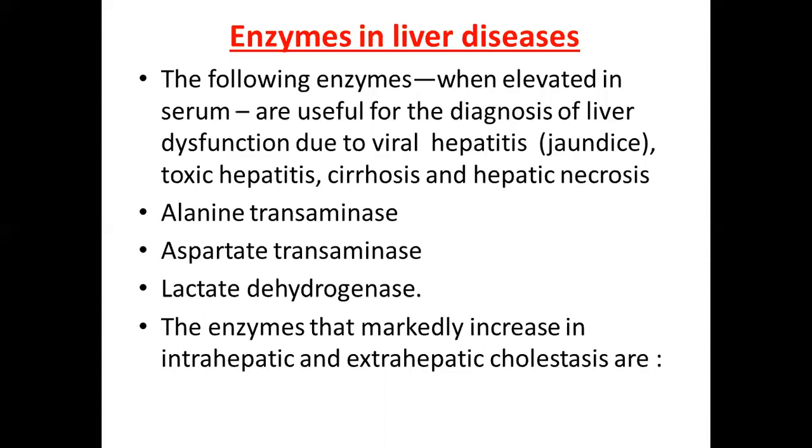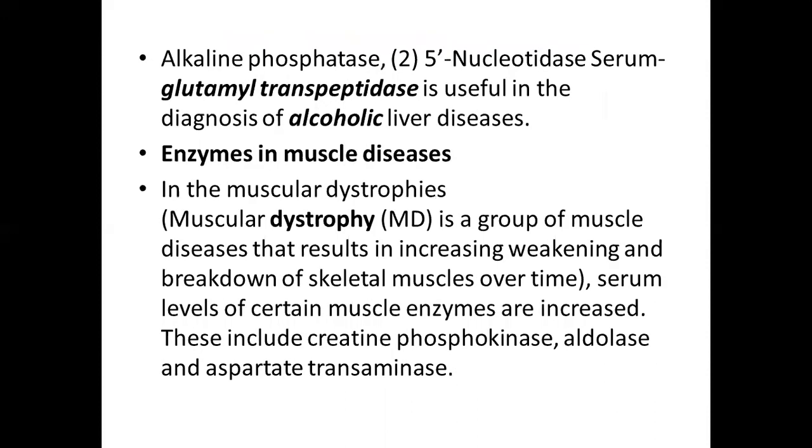The enzymes that markedly increase in intrahepatic and extrahepatic cholecystitis are alkaline phosphatase, 5'-nucleotidase, and serum gamma-glutamyl transpeptidase, and it's useful in the diagnosis of alcoholic liver disease.